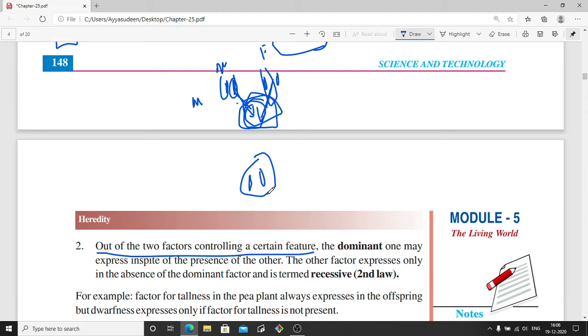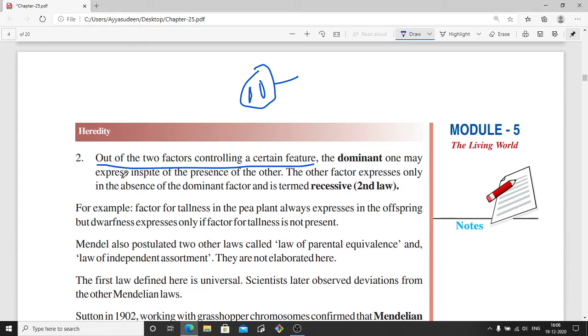So out of the two factors controlling a certain feature, for example, two factors there, the dominant one may express in spite of the presence of the other, okay. So this will be one factor, another one will be this factor. So let's say that this factor decides that the flower will be yellow color, but this factor will decide that the flower will be white in color.